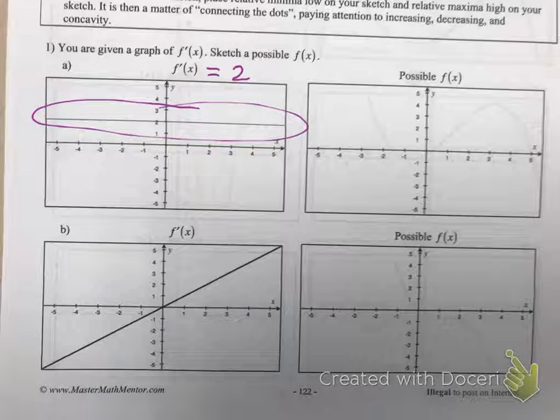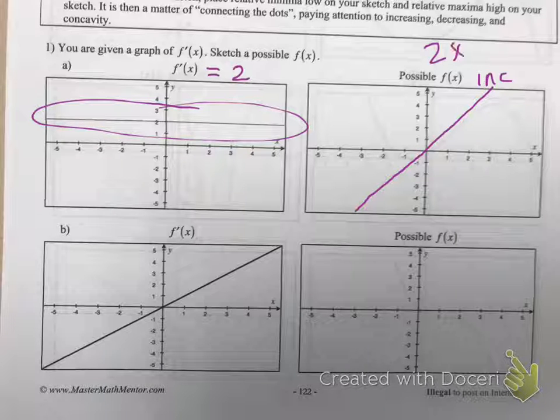My f of x needs to be increasing the entire time. So my possible f of x is going to be a straight line that's increasing. And like Jaheim said, that means that my f of x would be 2x. So a graph that has a slope of positive 2 and is increasing all the time.